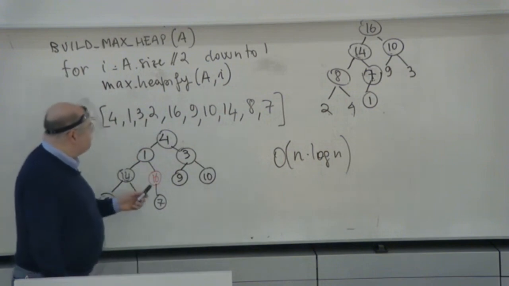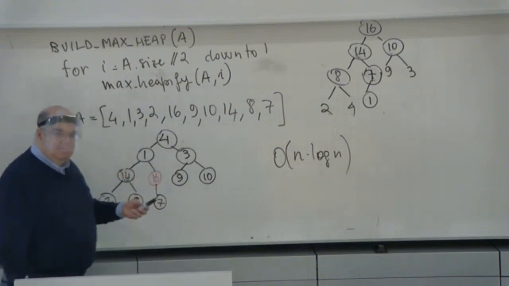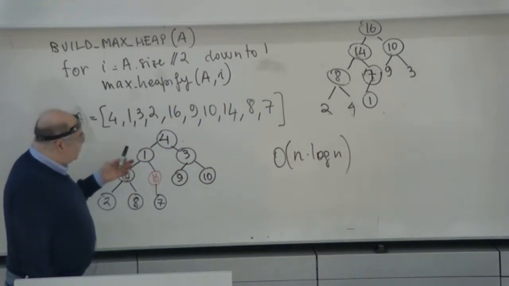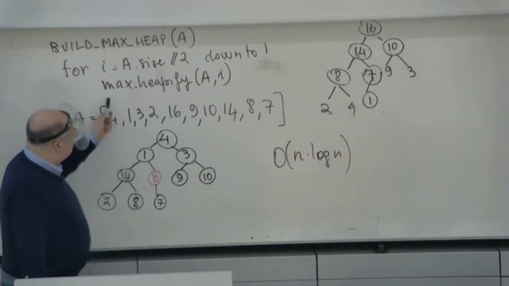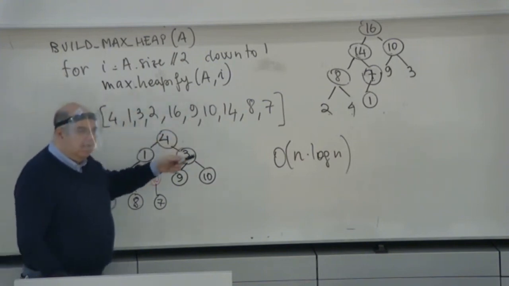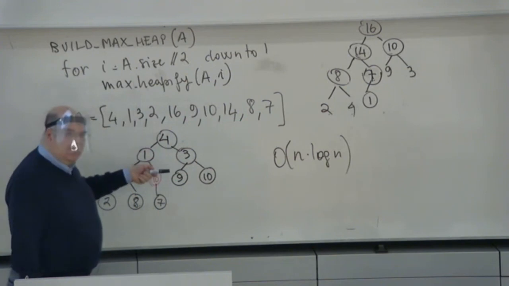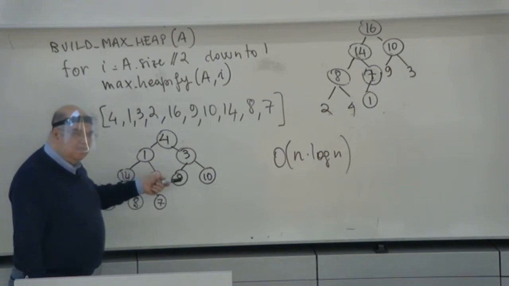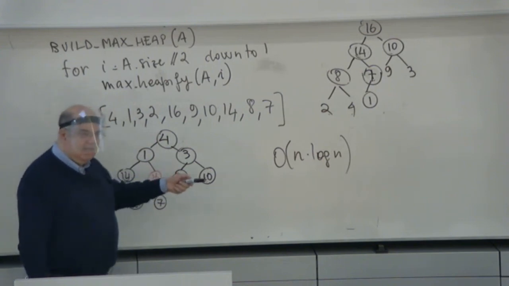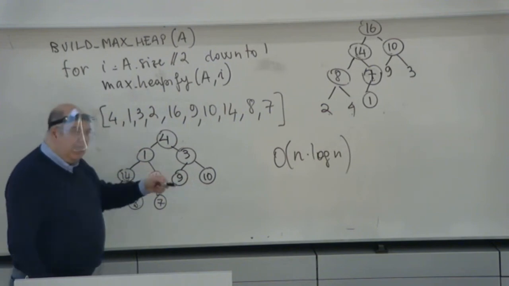The idea is that you can do better because the calls to Maxipify are actually going up. As you go up, the number of nodes you have to look into is less and less.